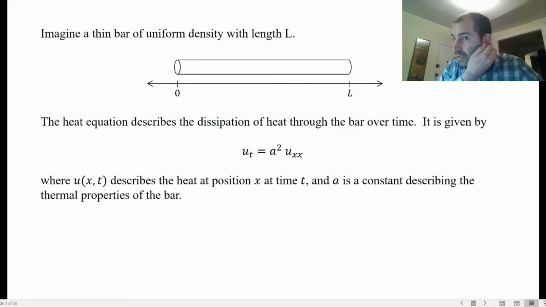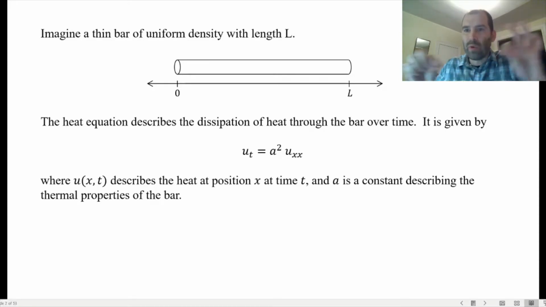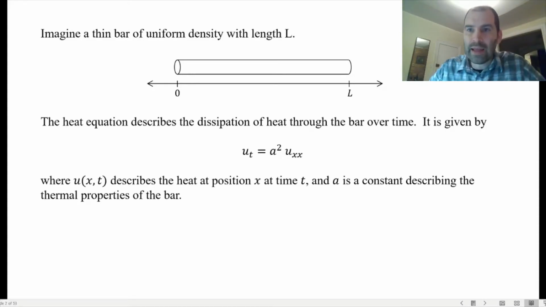Well, what we're going to do is imagine a thin bar of uniform density with length L. Right? So imagine just a wire, a metal wire. And the heat equation is going to describe the dissipation of heat through the bar over time. So it is given by this differential equation.